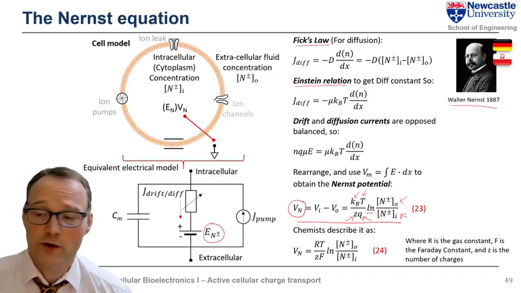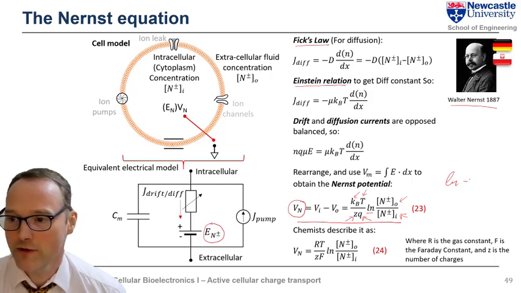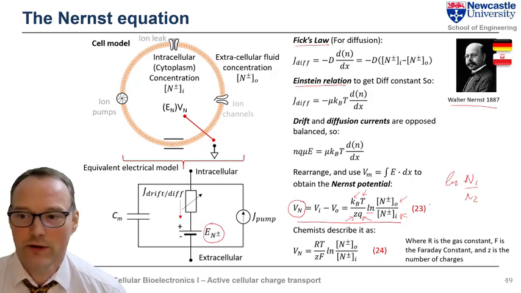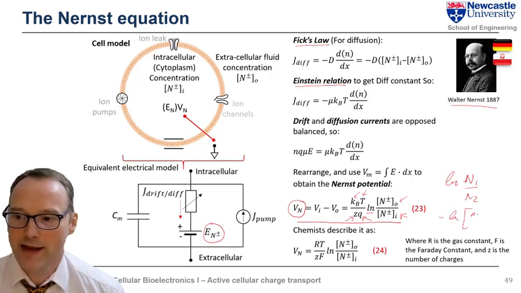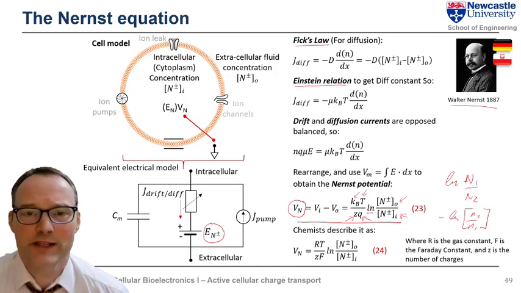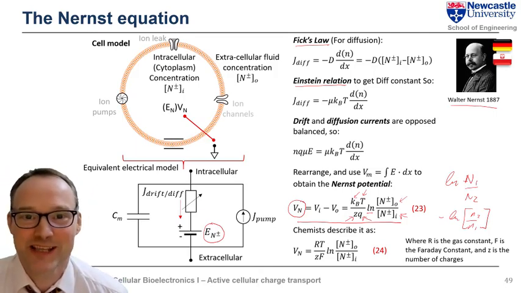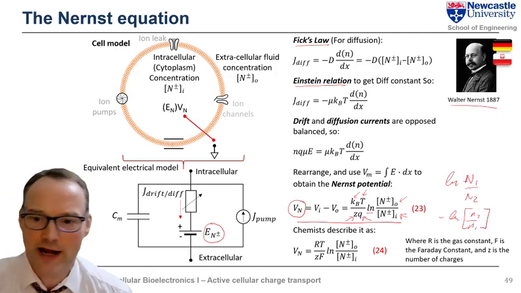If this is confusing, it's worth noting that the logarithm of n1 over n2 is the same as minus the log of n2 over n1. So it's just because the standard way of presenting this is not to present it with that little minus. It's just a question of direction.